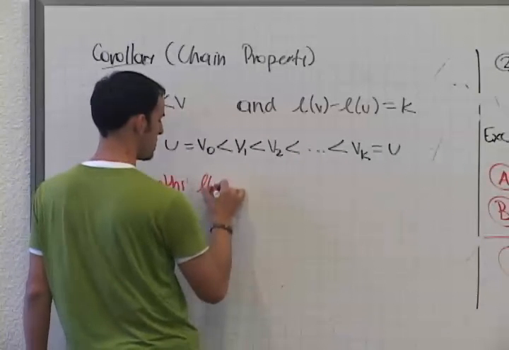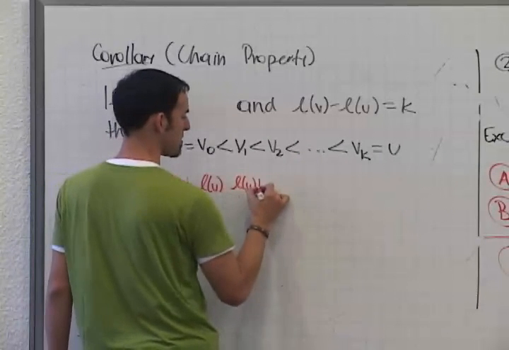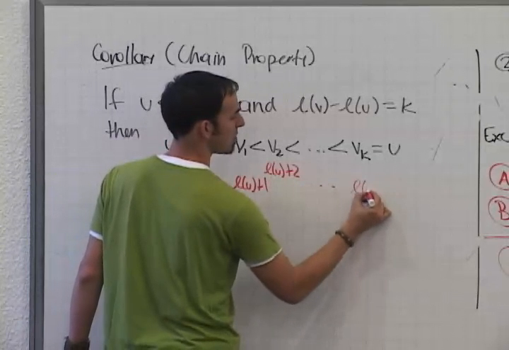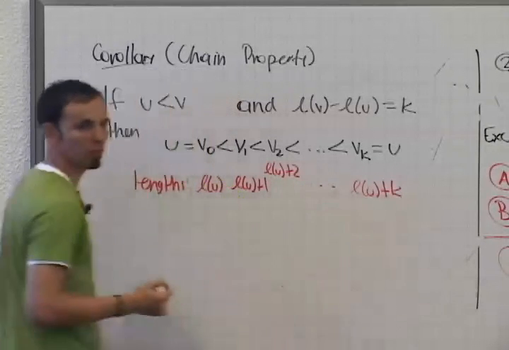Length of U, length of U plus 1, length of U plus 2, up until length of U plus K.